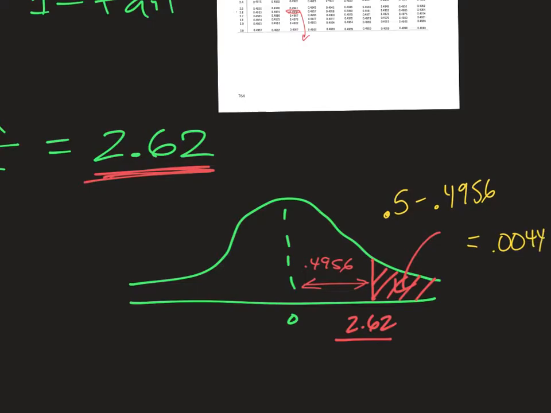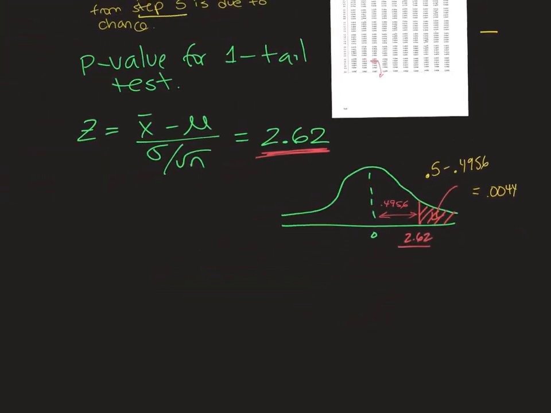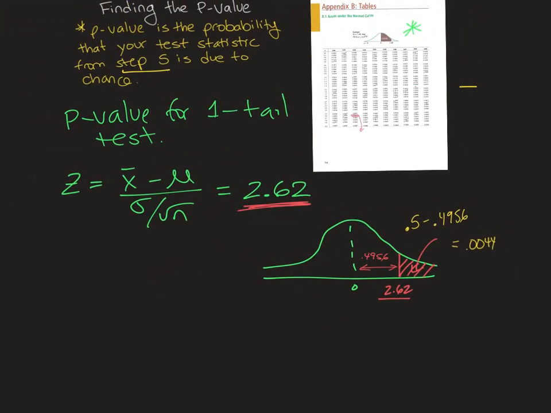and that gives us an area of 0.0044. Now, how do we know if this rejects or fails to reject the null? Well, we'll have to compare it to our alpha. Typically, the smallest alpha that we use in the beginning of our questions is 0.01 or 1% level. Recall that whether we reject or fail to reject the null is tied to the relationship between the alpha level and the p-value.